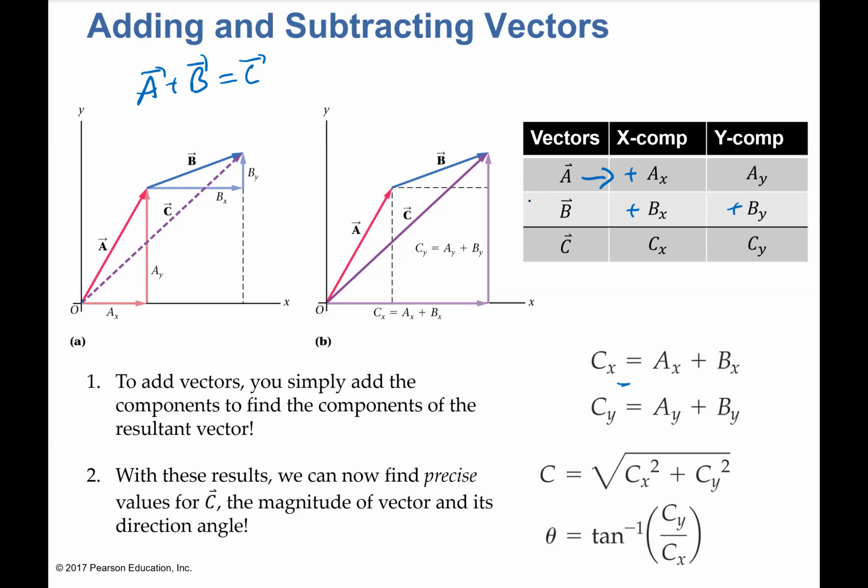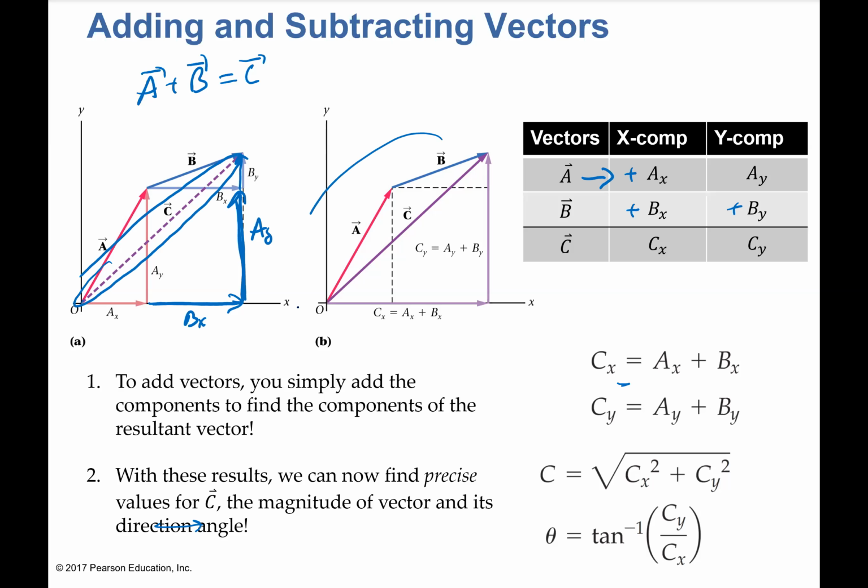Remember, this is vector Bx. I can take that and move it right here. This is my vector Bx. And see, this is vector Ay. I can take it and move it here. This is Ay. And then this is By. Okay. Do you guys see that? What I have here is this is vector C.